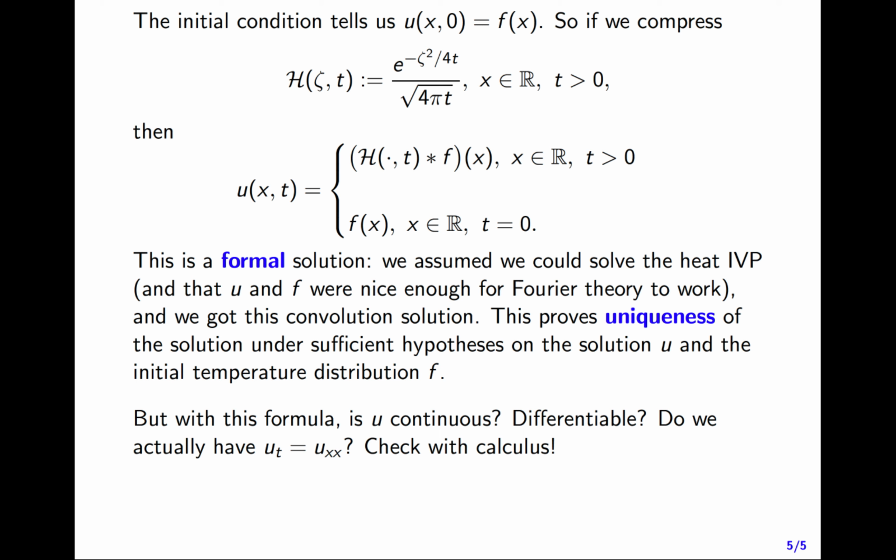And to check all that, we would need to do some calculus and grind through differentiating the convolution, dealing with this awkward jump or piecewise condition from t equals 0 to t positive, and it would be a lot of calculus using Fourier theory along the way. We will not do that. We will be content with having this as a formal solution, but trust me that it does work out that this function u is continuous and sufficiently differentiable and solves the heat equation.